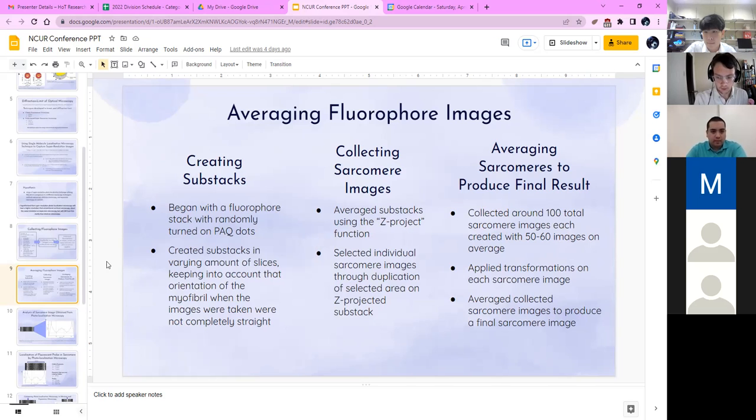I collected around 100 total sarcomere images from the average substacks, which amounts to roughly 5,000 to 8,000 images that I averaged. I applied transformations on each sarcomere image, and then I averaged those 100 images to produce a final sarcomere image.